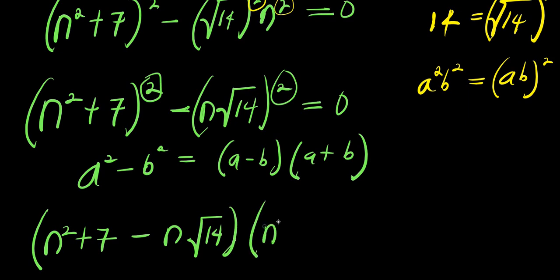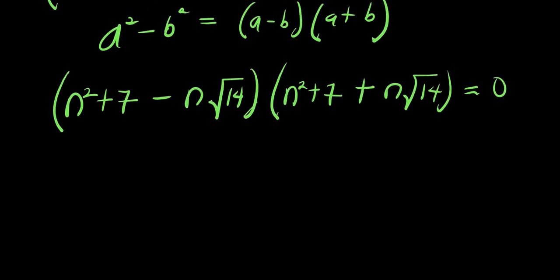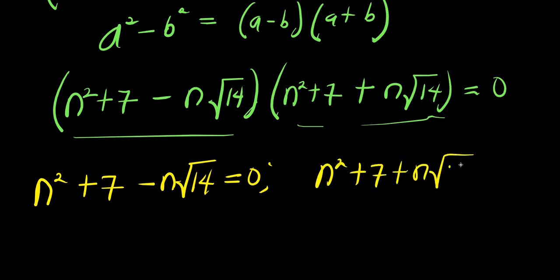This is n squared plus 7, that is a again, plus n root 14 equals 0. So from here, we equate each of these to 0 and solve them. n squared plus 7 minus n times root 14 equals 0. We also have n squared plus 7 plus n times root 14 equals 0.